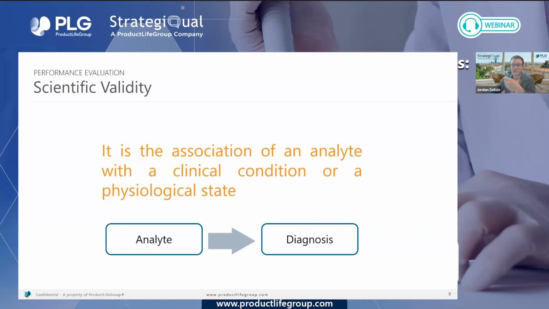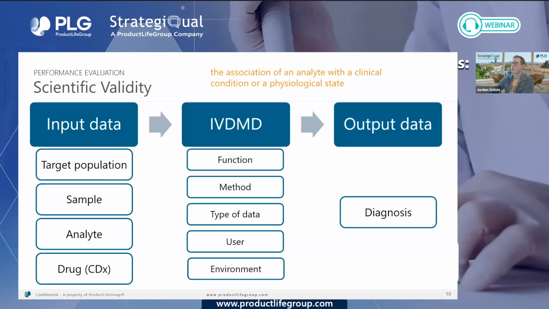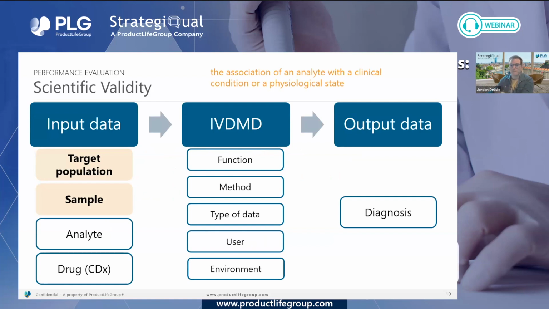It defines the expected clinical benefits that the medical device must achieve and which the clinical evidence must demonstrate. In this picture, we can see that the data to be taken into account for the demonstration of the scientific validity are the target population, the type of sample, the analyte, and the clinical condition or physiological state concerned.